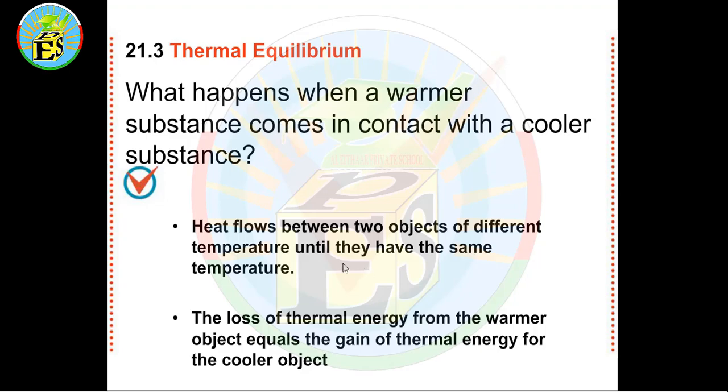This is right if the two objects are isolated from the surroundings. If they are not isolated, some of the heat will escape to the surroundings. So this is right only if the two objects are isolated.